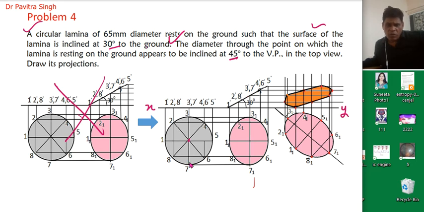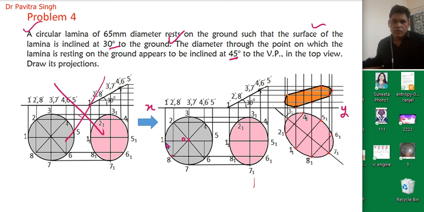Now we have selected 8 points on the periphery of this circle. So this is point 1, 2, 3, 4, 5, 6, 7, 8. So there are 8 points. It may be 16, 20, 24 as per your choice. I have selected 8 points.